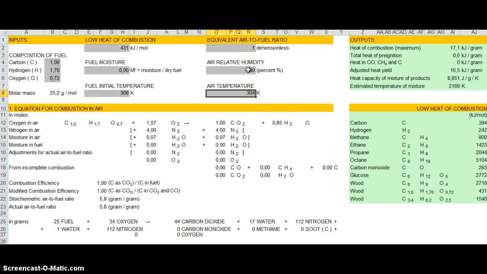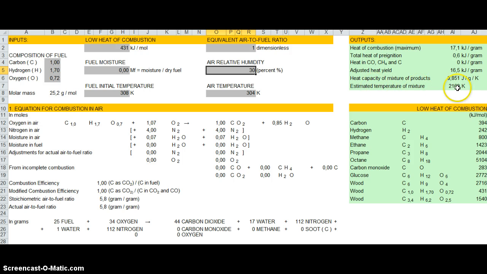So that's the kind of data that we generally have for air, the conditions of air at the time of the fire, the air temperature and the air relative humidity, and with that we can see that there is a certain effect on the estimated temperature of mixture, but it's not a whole lot.